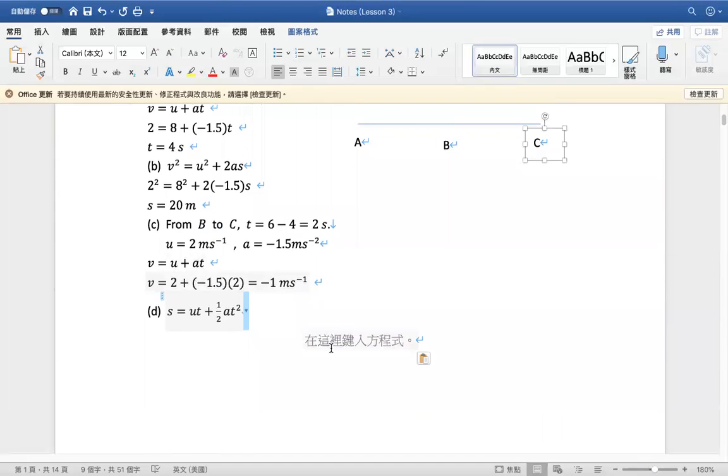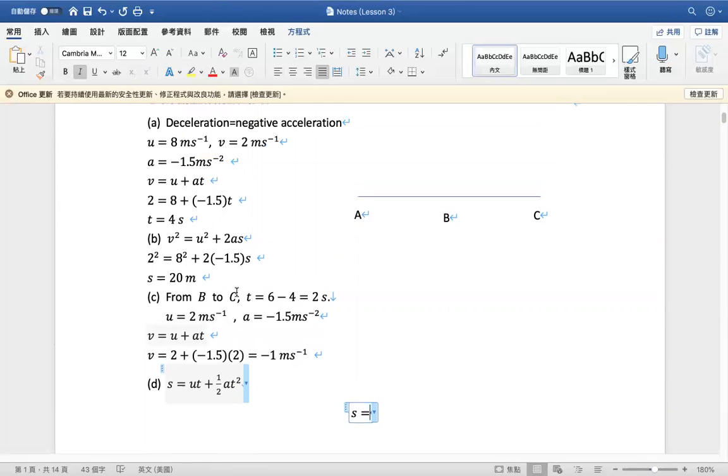All the time. Now U is different from the U in C, by the way, because that U refers to the speed at B. So you need to be clear in mind what you're talking about. For example, what is initial to you? Here the initial speed is the speed at A, so U is 8 instead of 2. And the total time is 6.